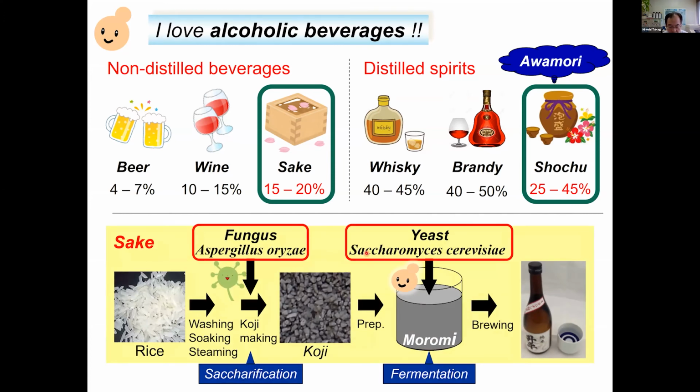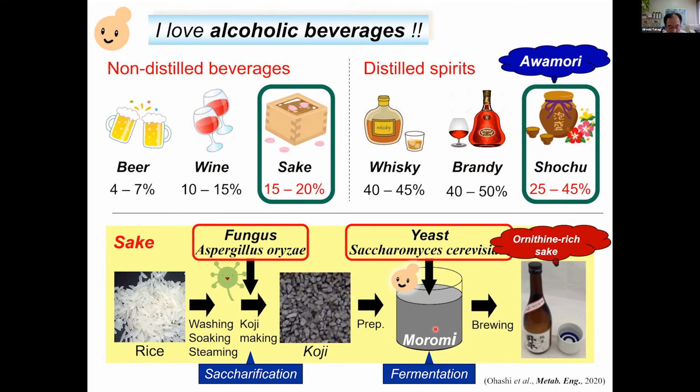Sake is made from steamed rice by multiple parallel fermentation of the fungus Aspergillus oryzae and Saccharomyces cerevisiae, which produce the saccharification enzyme and ethanol from glucose, respectively.